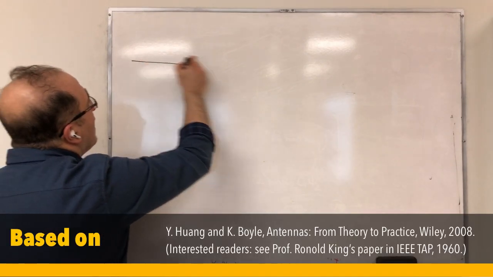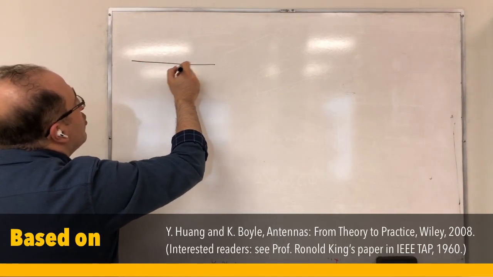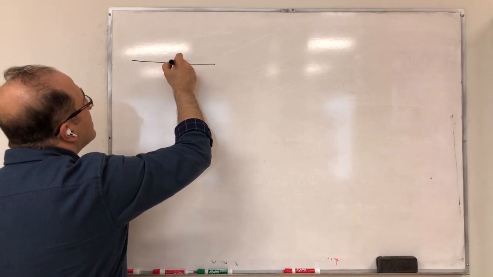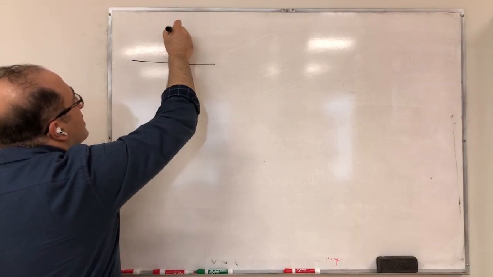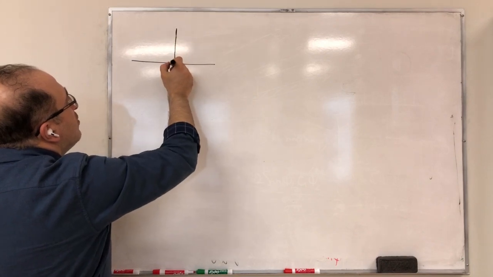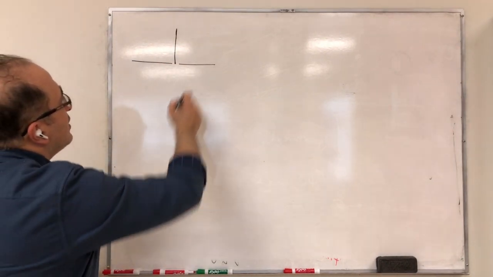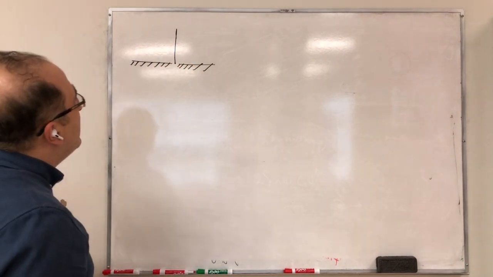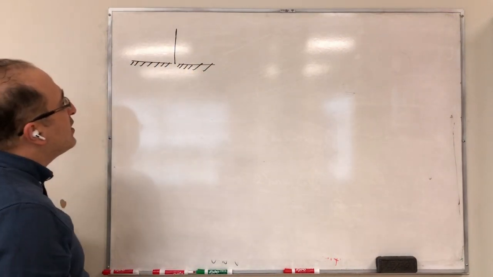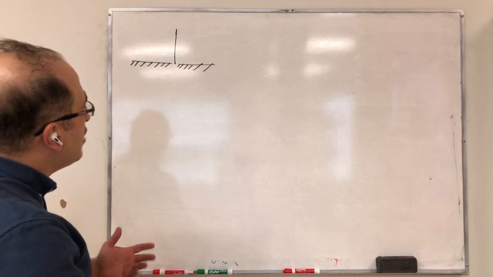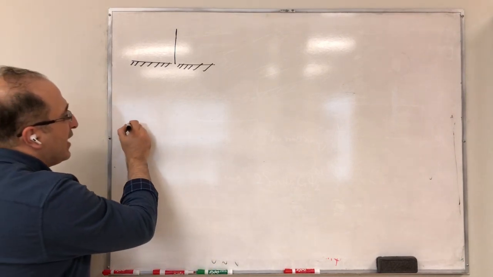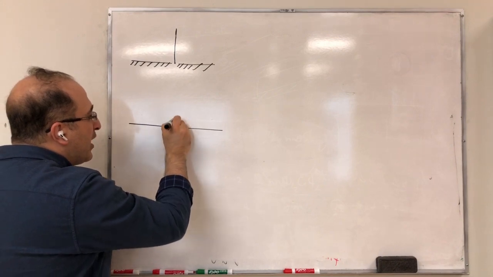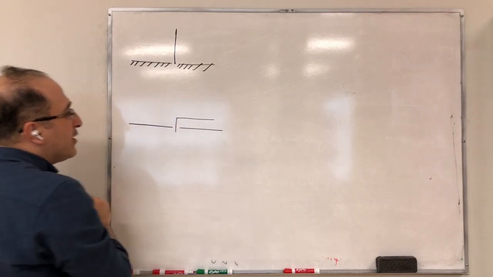So imagine you have a quarter wavelength monopole antenna. So assume that this is your quarter wavelength monopole antenna here. This is my PEC ground plane, and this is my quarter wavelength monopole antenna. Sometimes in some applications, an alternative form of that is to bend it like this.